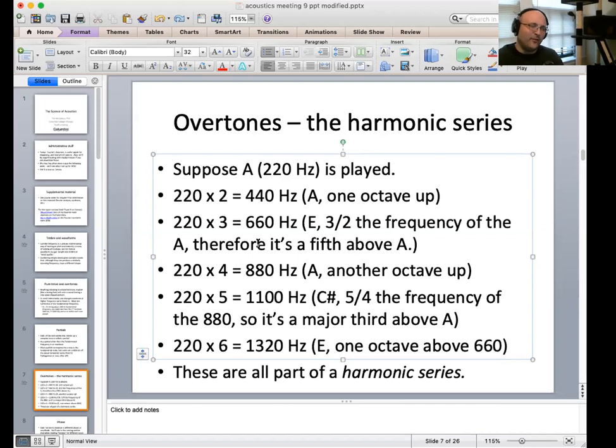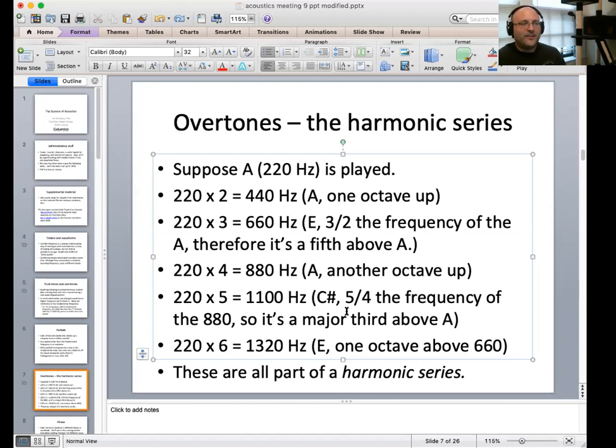So if you flatten it a little to 80/64, that reduces to 5/4. And so this harmonic is a major third up, which is C sharp. Then the sixth harmonic is double the third harmonic, so it's the same note, an octave up, so it's an E.